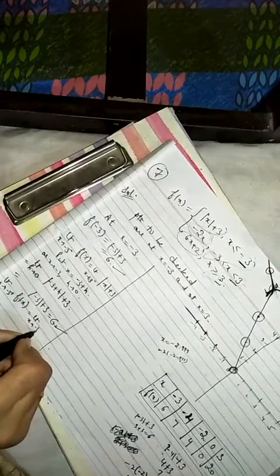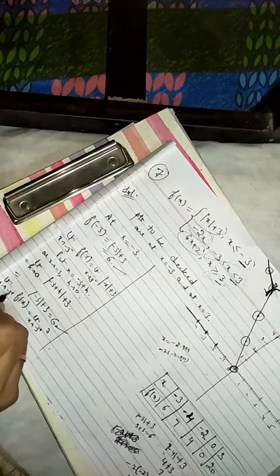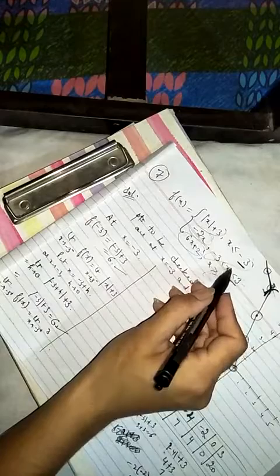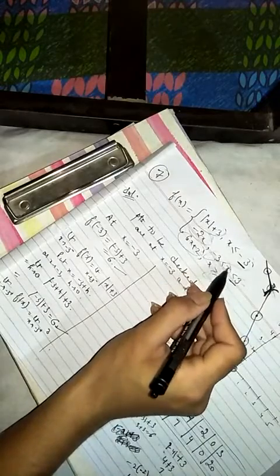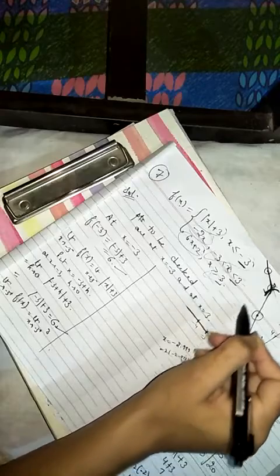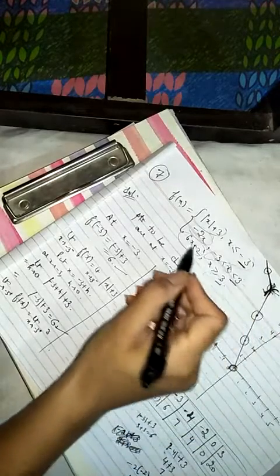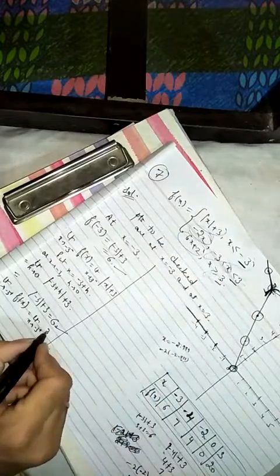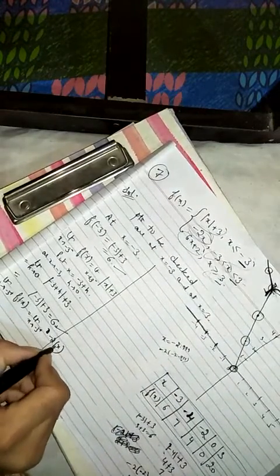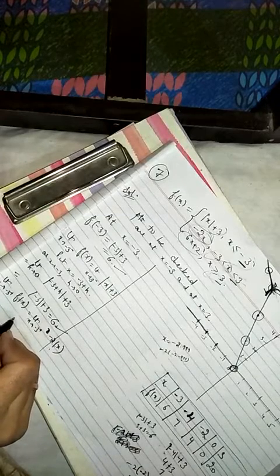Now come on to the right hand limit f of x. Limit x tending to -3 positive, minus 3 from the right hand side. So you will take this function because when x is greater than -3, you will approach the point at -3 from the right hand side. So you will take the function this, which is minus 2 into x. You can directly put the point -3.